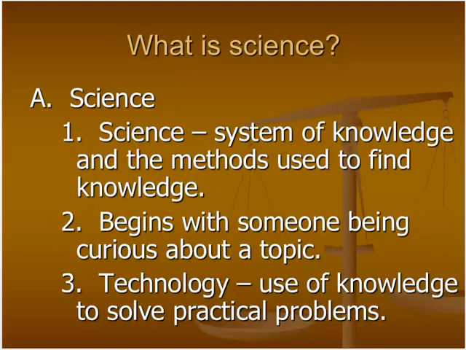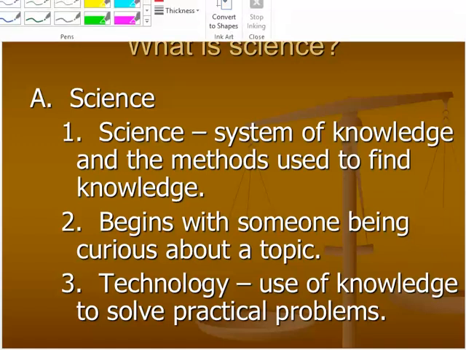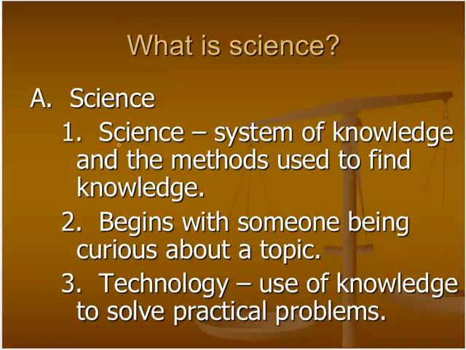The first thing I want you to understand here is science is a system of knowledge, and that's one of the main things that we talk about here. Science is a system of knowledge. It's typically going to begin with someone being curious about a topic. All right, that's very important. Technology, or the use of technology, is to solve practical problems.